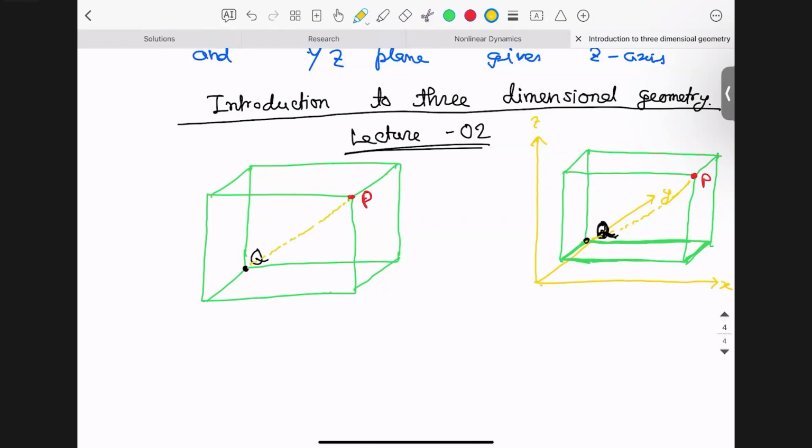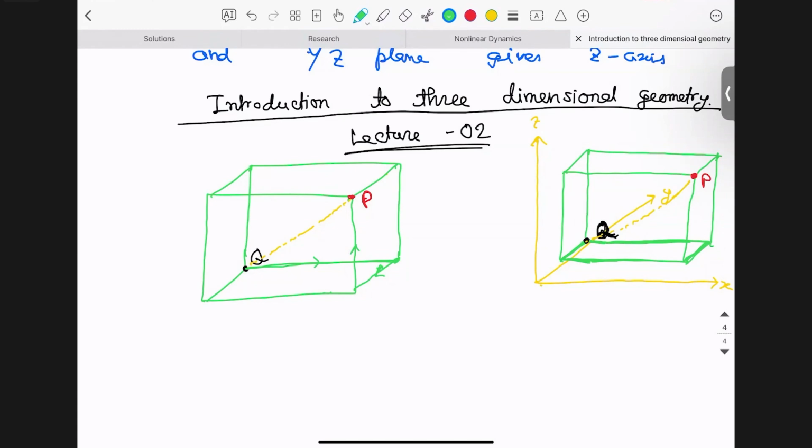From here, it is clear that we have to find the distance between P and Q. Now, how can we achieve this? From Q, if I start walking first along this one, then after reaching here we can move along this one, then along this one. This is one way, or we can have many ways to get from Q to P.